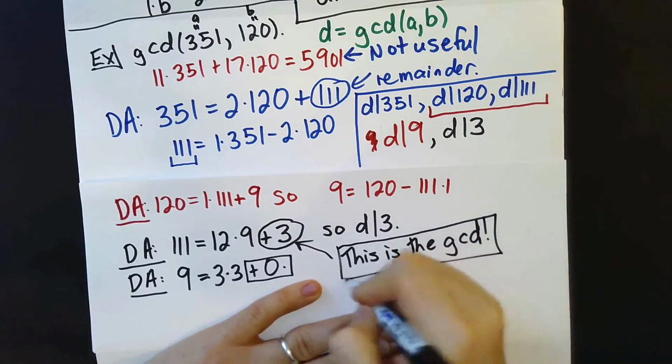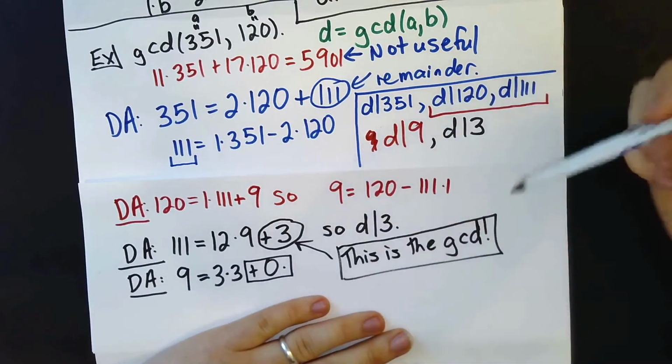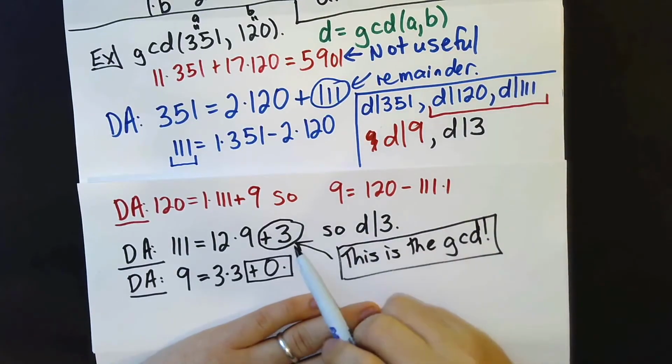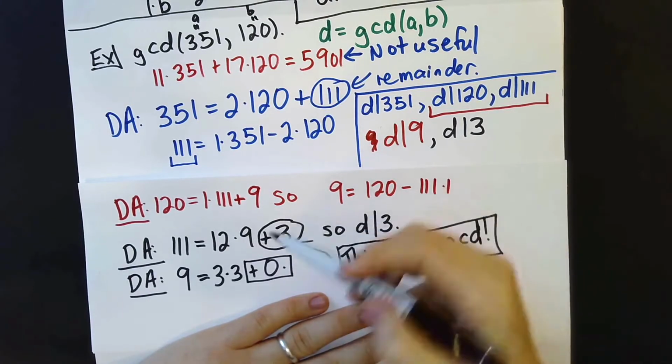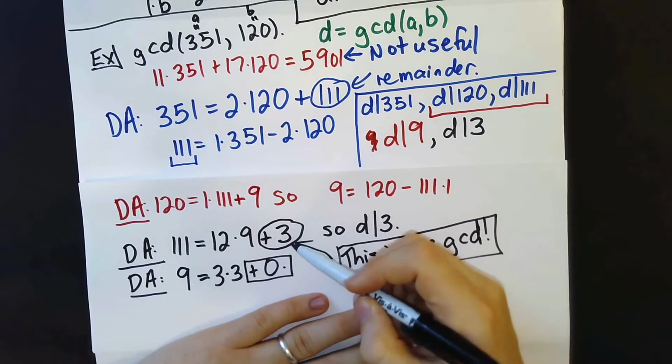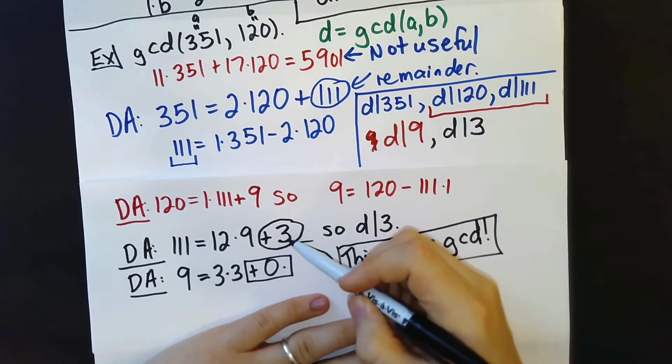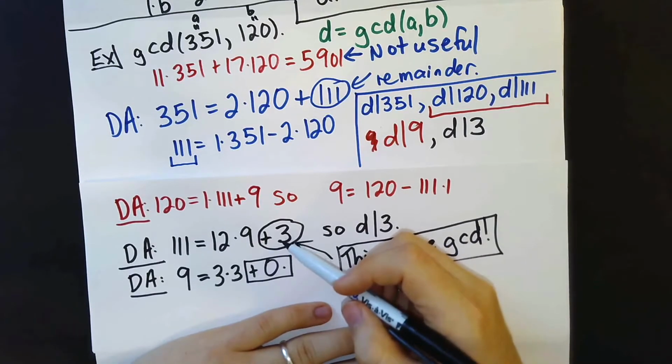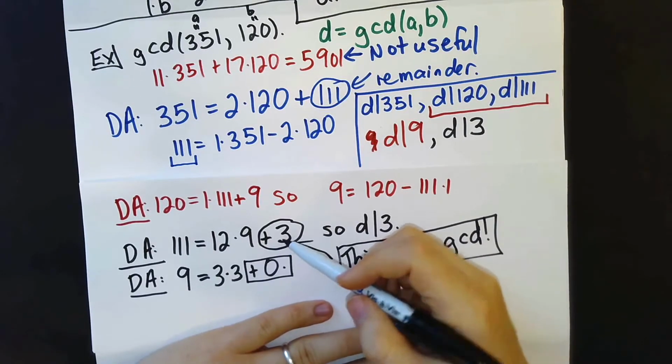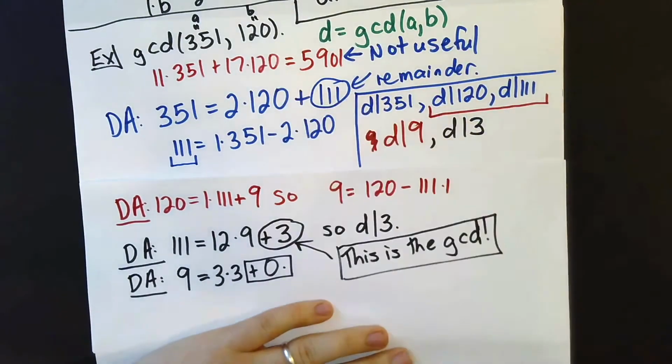Well, why is this the GCD? By construction, the GCD definitely divides this number. It definitely divides 3 in this instance. And so if you think about it in this particular case, the GCD is either 1 or it's 3, depending on whether 3 actually does divide both 351 and 120.